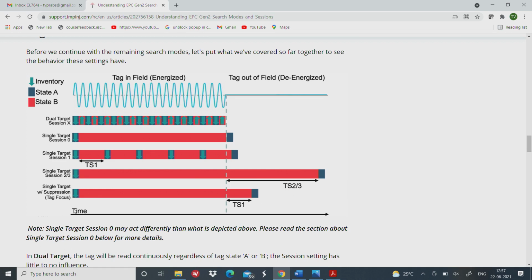Whereas single target with suppression has some other setting here.